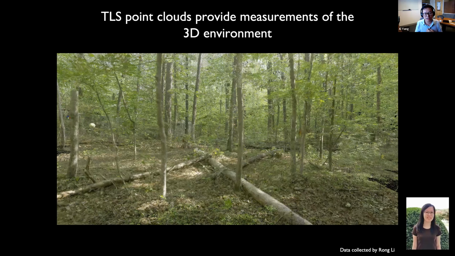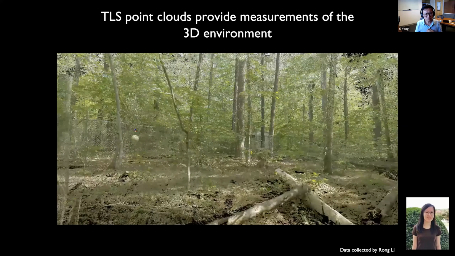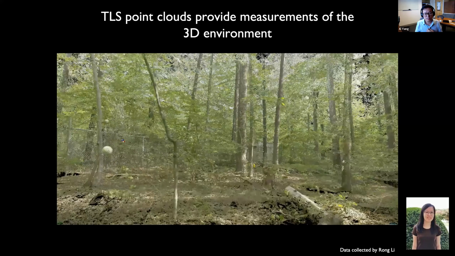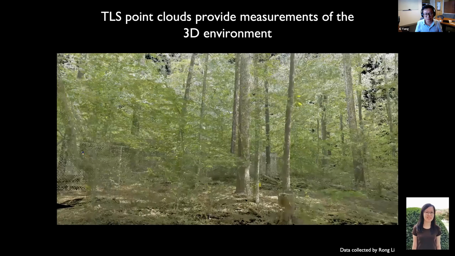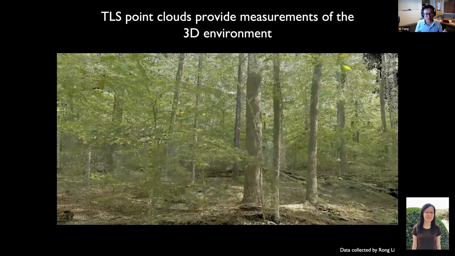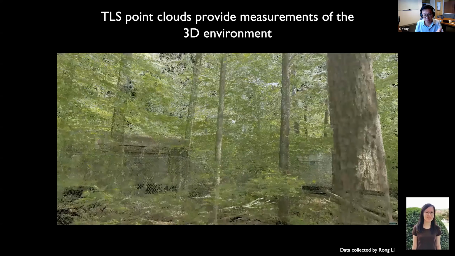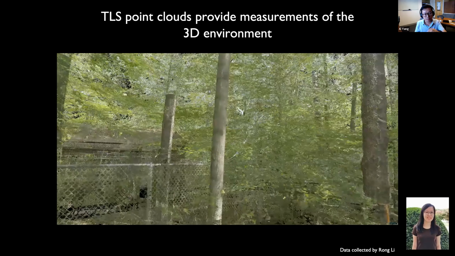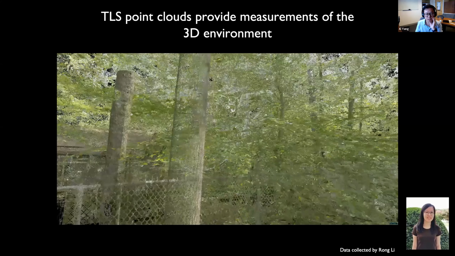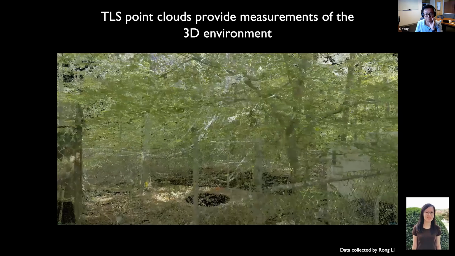This is collected by my student Rong Li. Here, this is a flux tower site near UVA, and you can see that terrestrial laser scanning provides detailed information about the canopy. You can even see point clouds of individual leaves, and we're going to see the tower here in a minute.